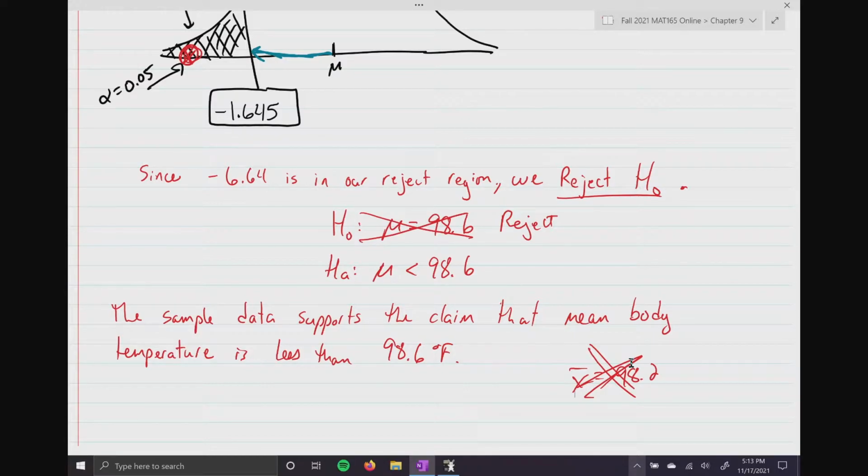Maybe a good way to figure out what the actual body temperature is, is to estimate it by creating a confidence interval and then giving some sort of confidence. I'm 95% sure that the true mean body temperature is in between these two numbers. And the more data you get, the tighter or smaller that range is going to be. In fact, I literally just Googled this right now.